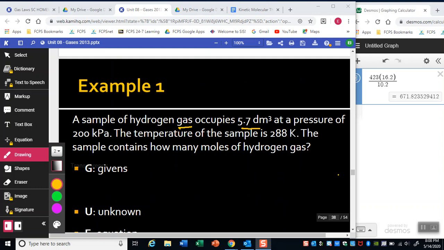Okay, so I've got for my volume, my first volume is 5.7. Instead of decimeters, I'm going to go ahead and put liters. And I've got a pressure of 200 kilopascals.